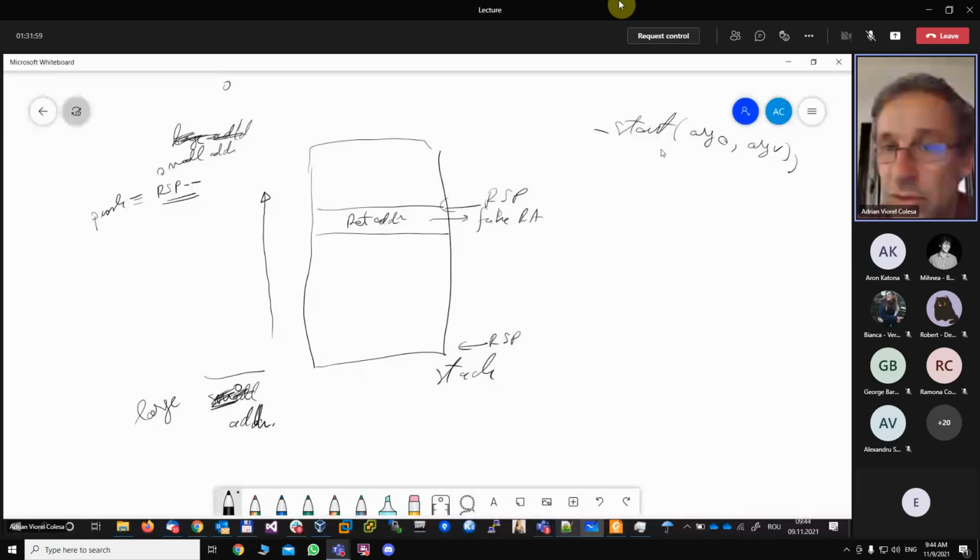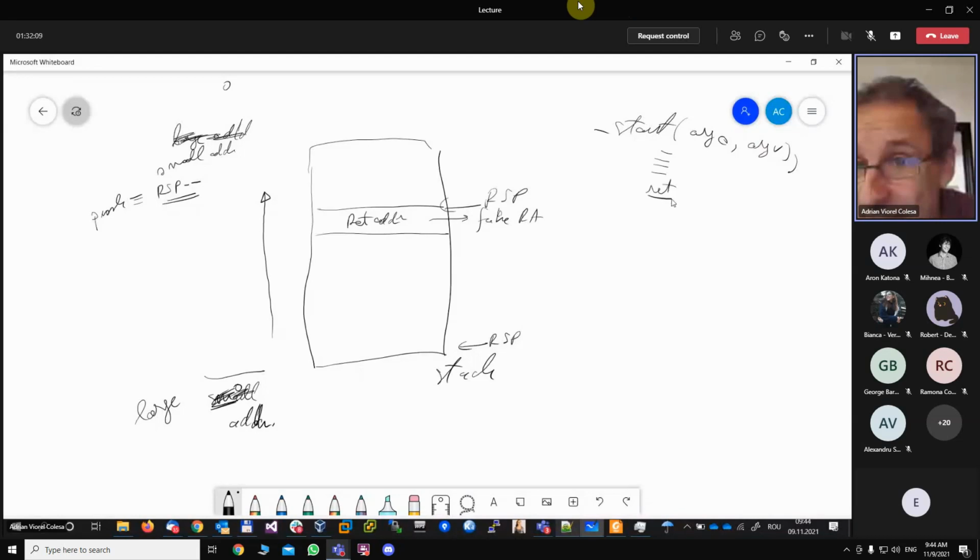But the other reason the function execution will work correctly is that if you take a look at the start function, you'll see a return. The return normally looks for a return address and tries to jump there.